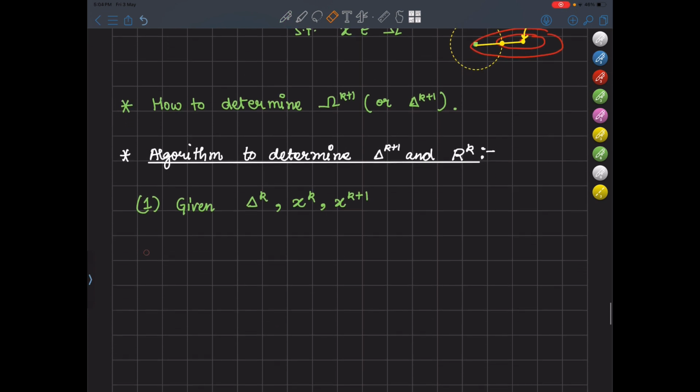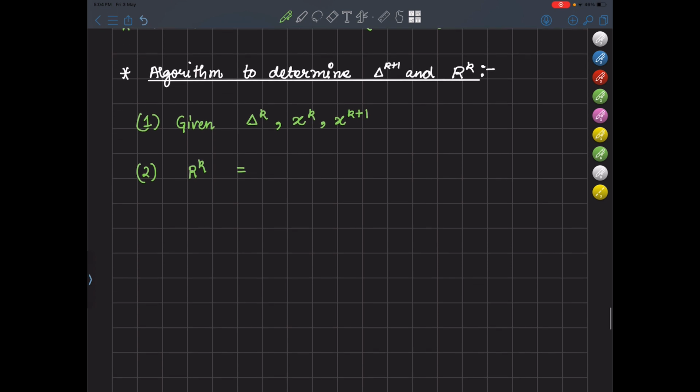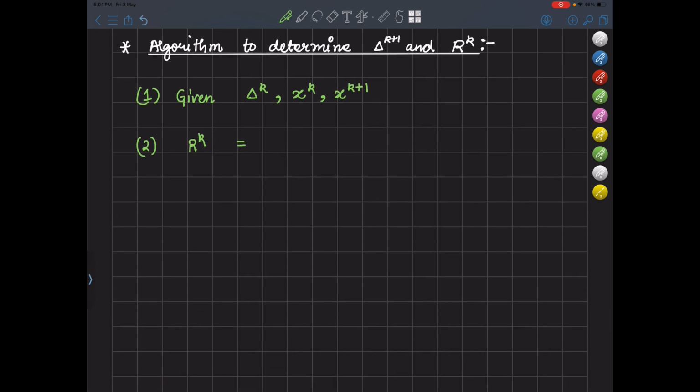We calculate rk now. What is rk? rk is the relative decrease in the value of the function, the ratio of the real reduction in value of the function to the reduction in value of the function which was approximated. So f of xk minus f of xk plus 1, divided by f qk of xk minus f qk of xk plus 1.